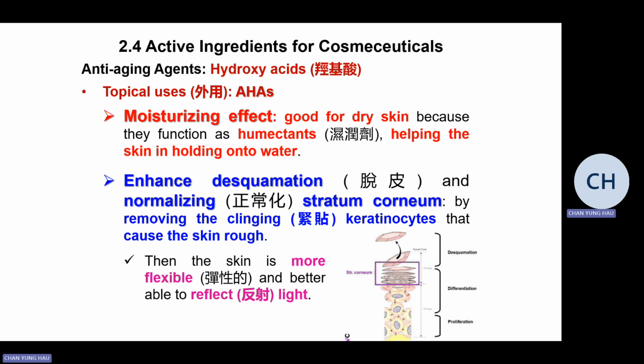The second major function of AHAs is that it enhances desquamation and normalizes the stratum corneum by removing the clinging keratinocytes that may make our skin rough. The result is that our skin is more flexible and more lustrous, because it can reflect light.